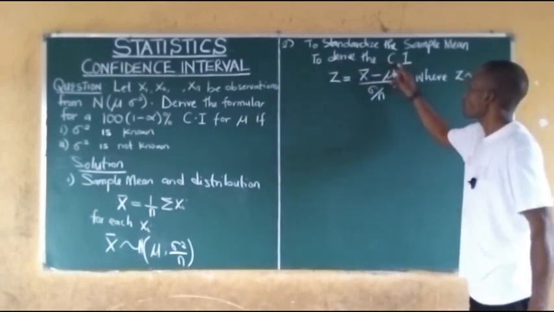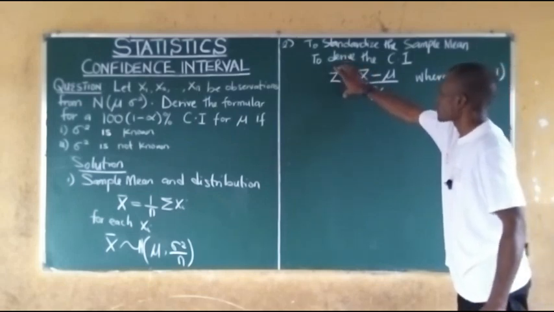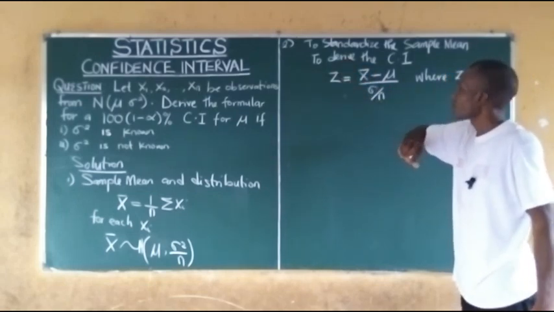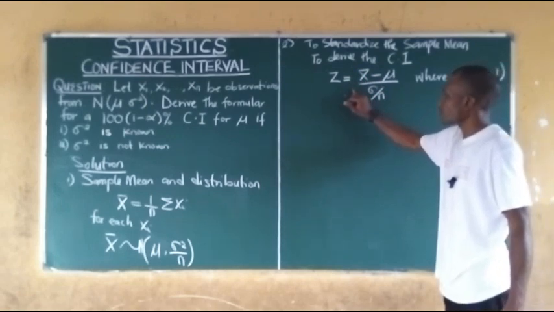So for us to derive the confidence interval, we need to standardize the sample mean. Standardizing the sample mean will give us this.